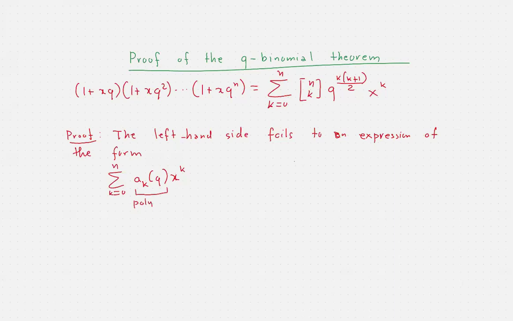And basically, in order to get x^k, we need to choose from k parentheses the term that has the xq. I mean, think of it as a distributive law between these n parentheses. And from the remaining parentheses, the term 1.